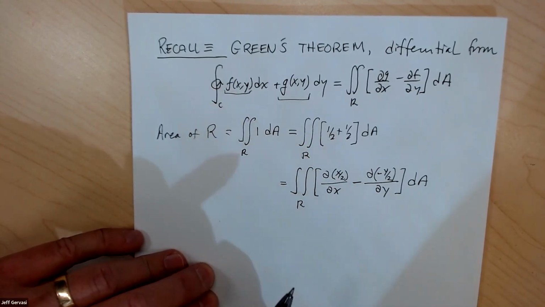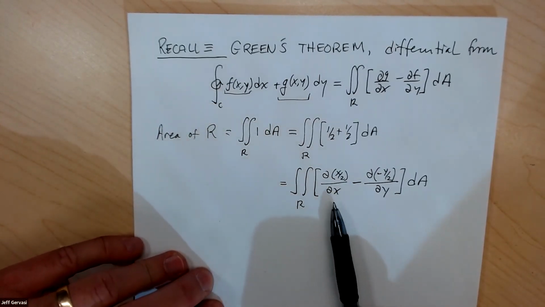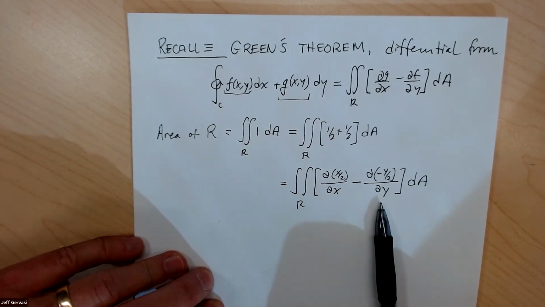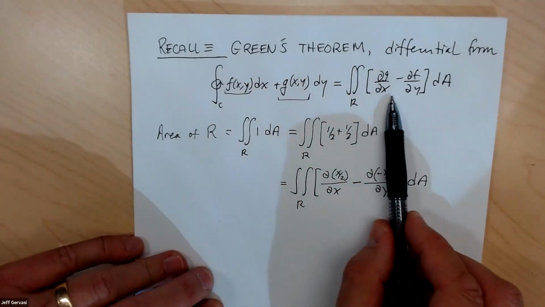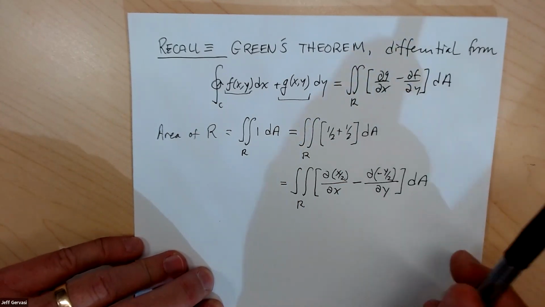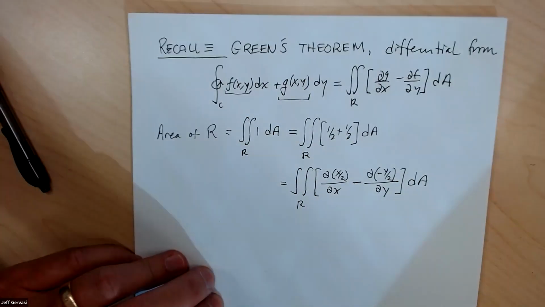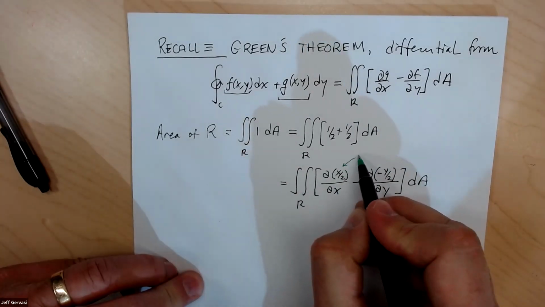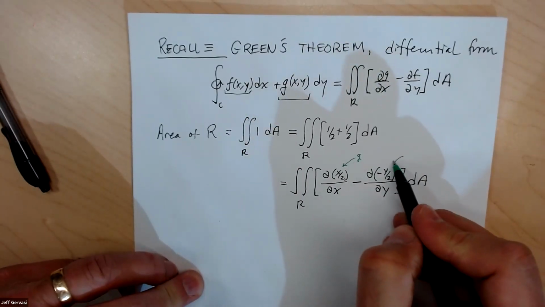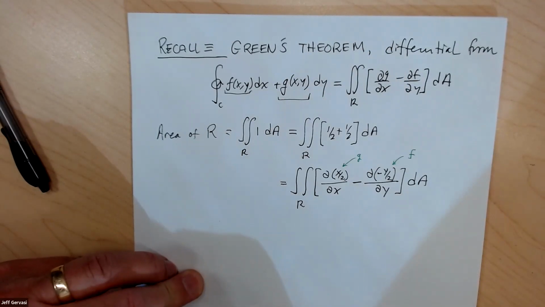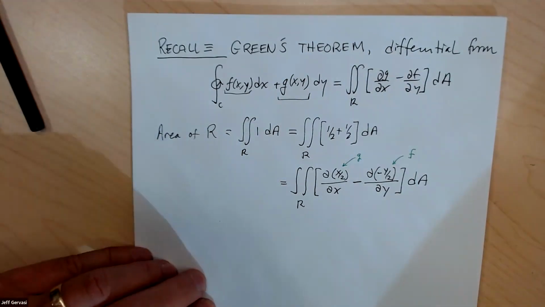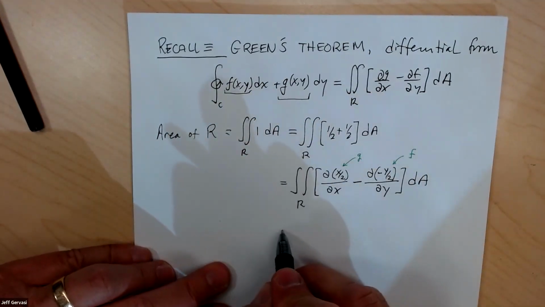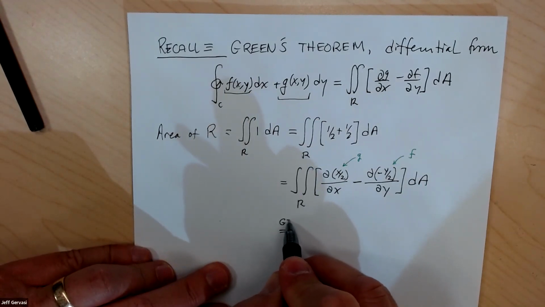But more to the point, gang, notice that all of this right here looks just like this in Green's theorem. And I'm going to make a note to myself. That's going to be my g, and that is going to be my f. And so by Green's theorem, I can rewrite this double integral over the region R like this.